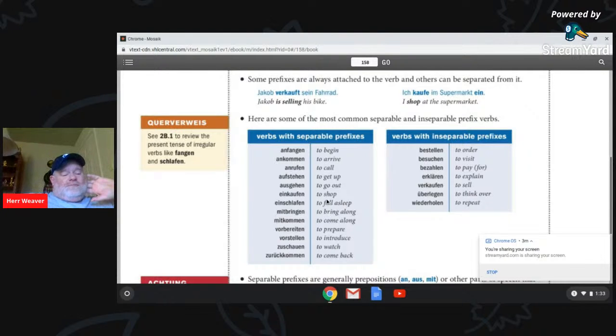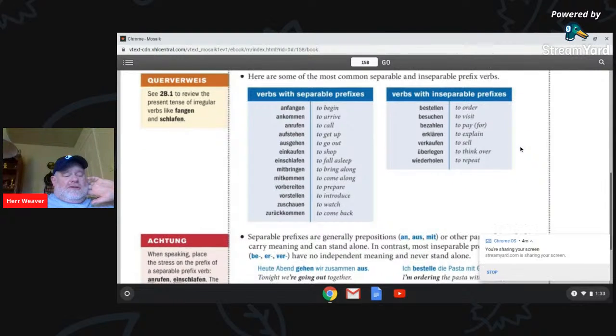But einkaufen is to shop. If you say, "Ich kaufe im Supermarkt," I'm buying in the supermarket. But "Ich kaufe im Supermarkt ein": it's boldface because that's the prefix of the verb einkaufen taken to the end. Good, and so all of these mean the same thing.